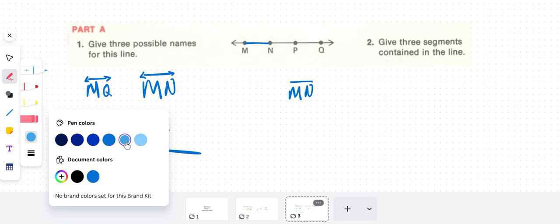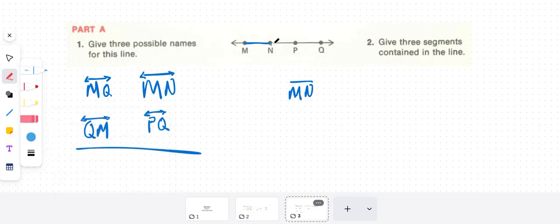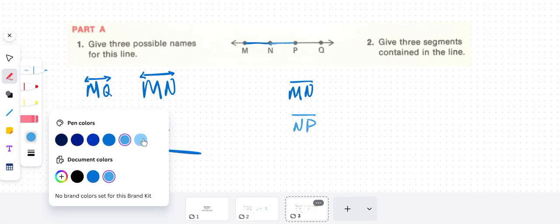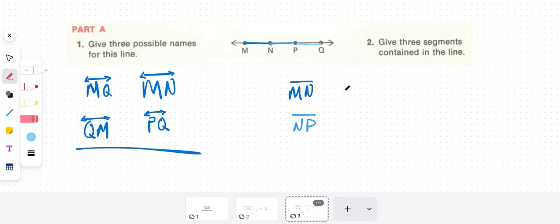Let's try a lighter blue. Let's say this segment right here, NP. NP is a different segment than MN. And then we also have PQ. That's a different segment.